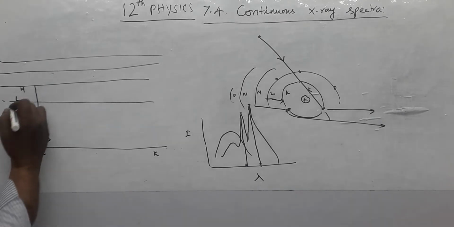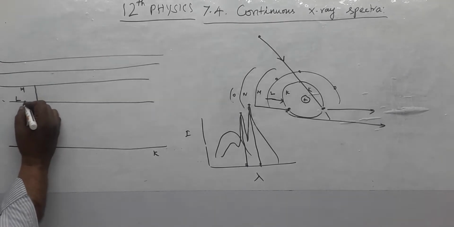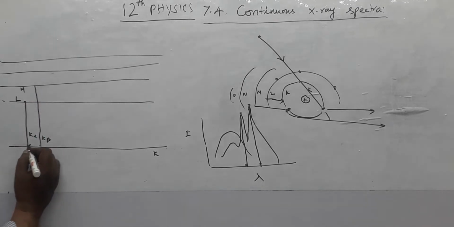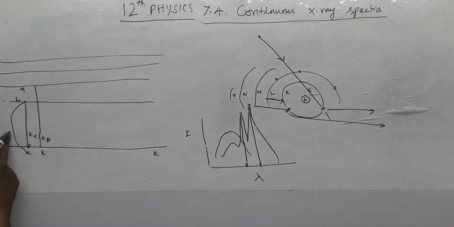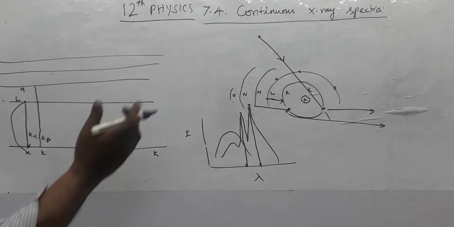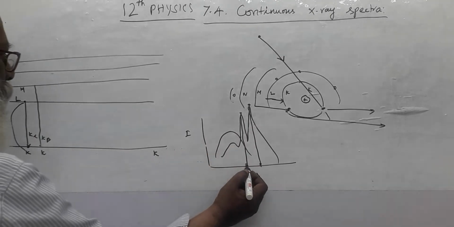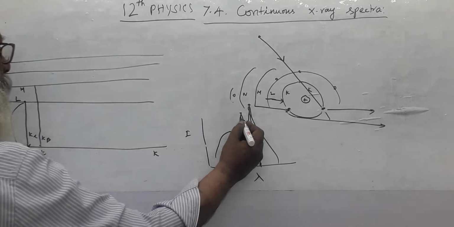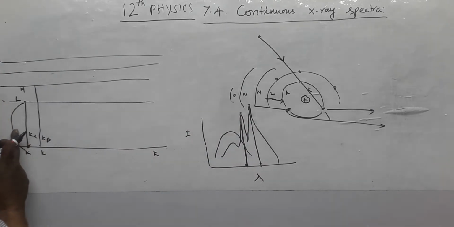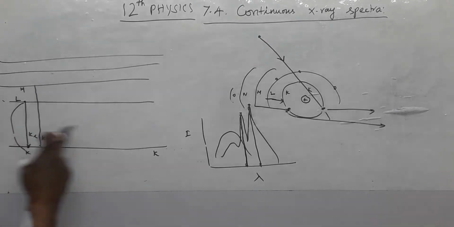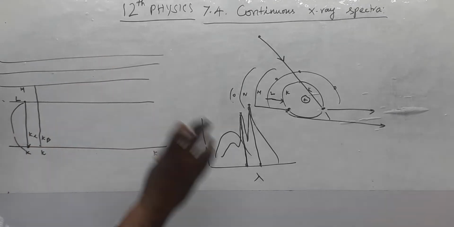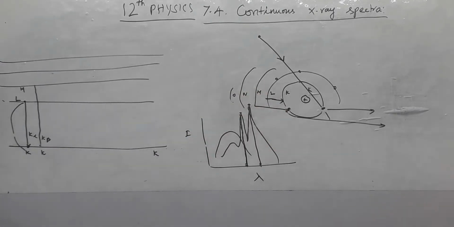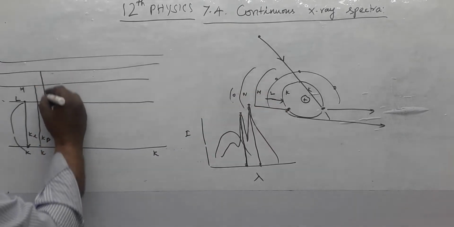Suppose an electron is available in the L orbit and an electron in the K orbit, there is an energy difference. That energy difference is emitted, and it is represented by this peak. That's why we are getting spectral lines at a specific wavelength, and it represents the characteristics of the target.